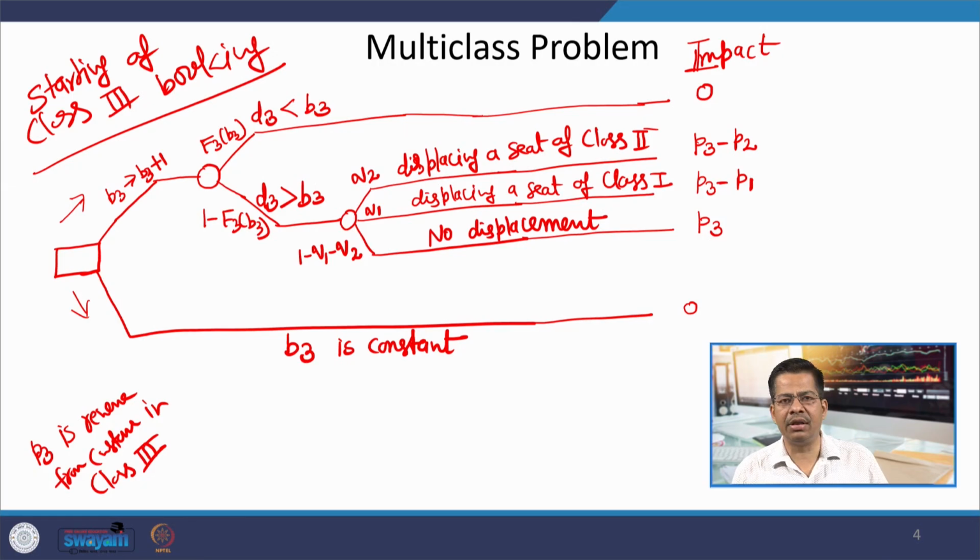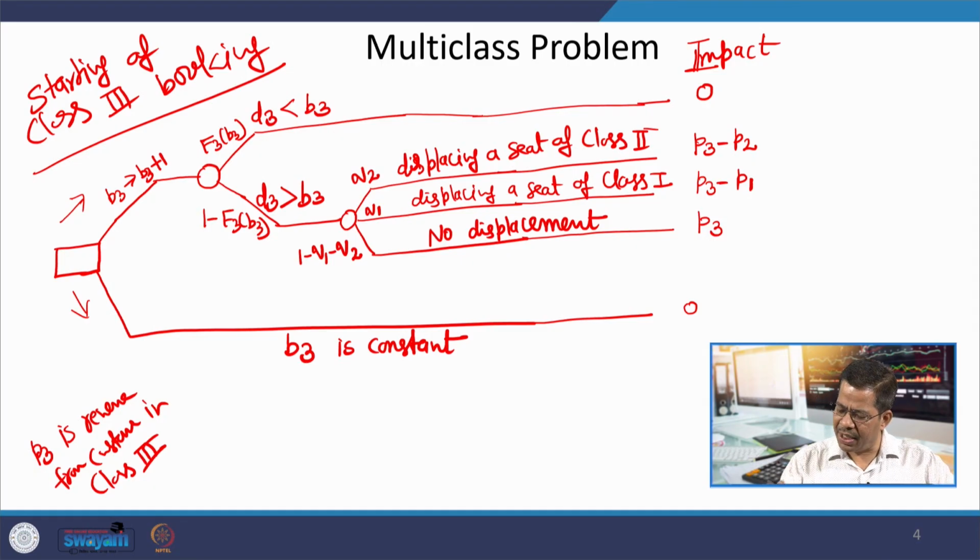You can see that the total expected revenue can be calculated by multiplying the relevant probabilities to the impact. So, this can be solved with the help of Littlewood formula, because Littlewood formula is very much applicable for all our 2 class problems.